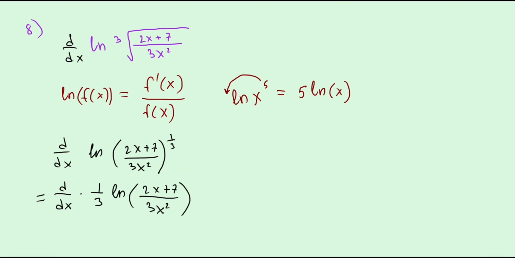Okay, here we only simplified it. We did not find the derivative yet. Now we're going to find the derivative. So now that the 1/3 is taken out, we're only working with the function inside. The derivative of that function is going to use the quotient rule.